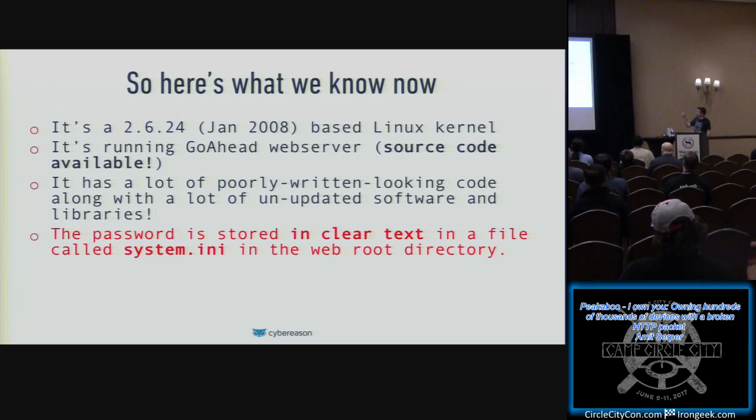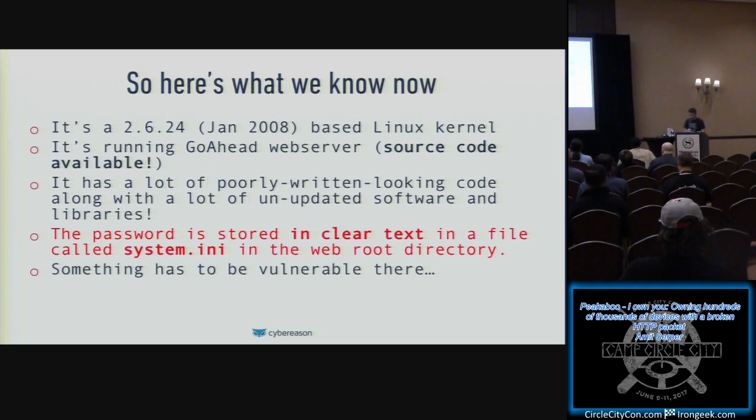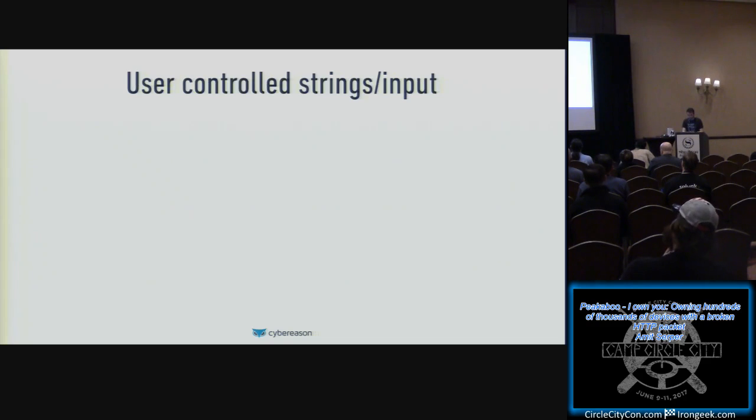And this file was in the web root directory. But this file was protected with a password, so we couldn't ask for the file because then it would ask us for the password. But there are so many crappy things on top of each other here, then something has to be vulnerable.